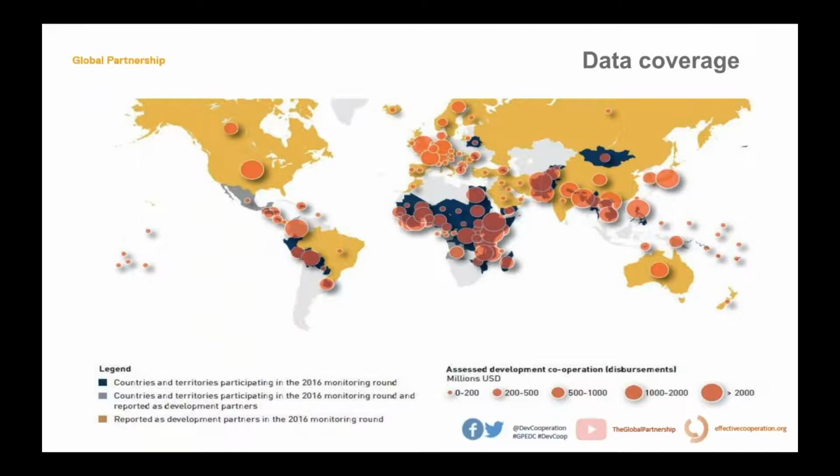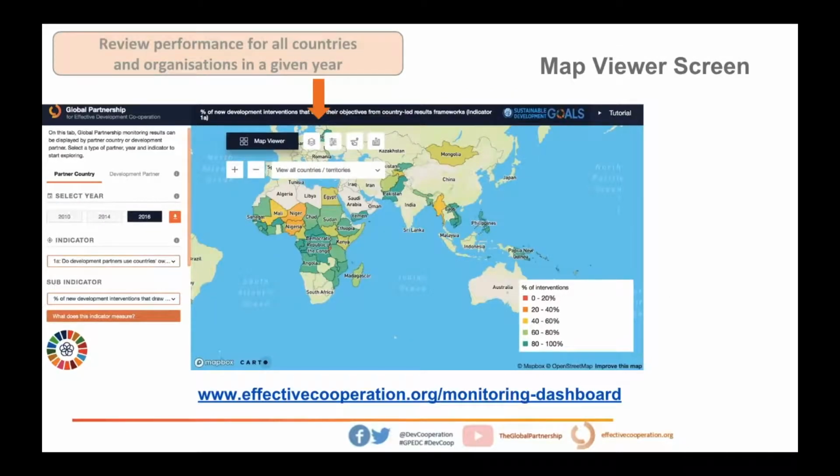I just also wanted to say, I'll hop back to the screen, that while we only have 2 rounds of monitoring, we also do have comparative indicators from other monitoring processes. So for those indicators that are from a parent process of our global partnership, we're able to see longer term trends because the methodology is basically identical.